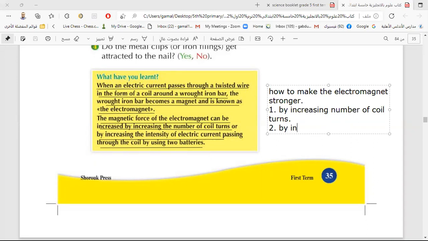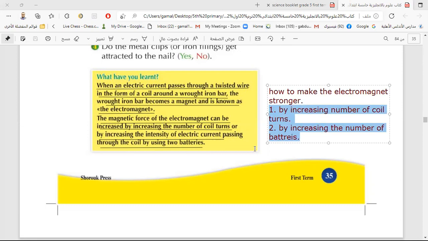So you increase the strength of the electric current, so you can increase the strength of the magnet.